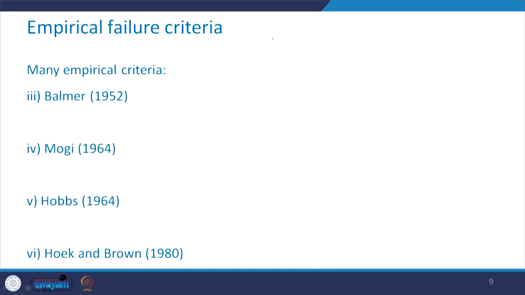Likewise, we have many empirical criteria. Let us take a look at them one by one. So the first one is the Bieniawski series, and it was given as sigma 1 equal to sigma 3 into 1 plus sigma 3 upon sigma t to the power b.